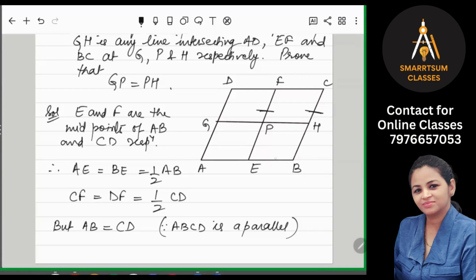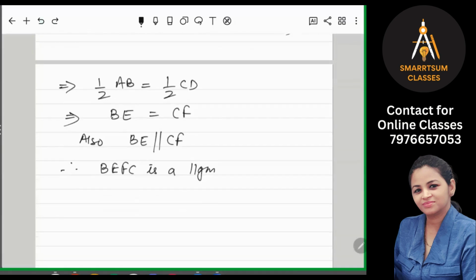And BE is equal to PH, right? Getting that? Okay. So write down. From here we can say that BC is parallel to EF.